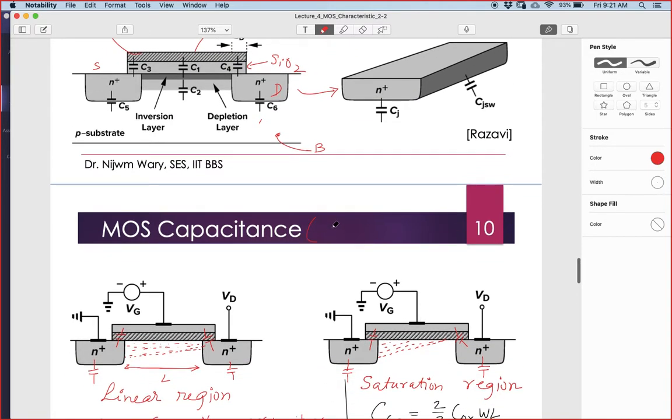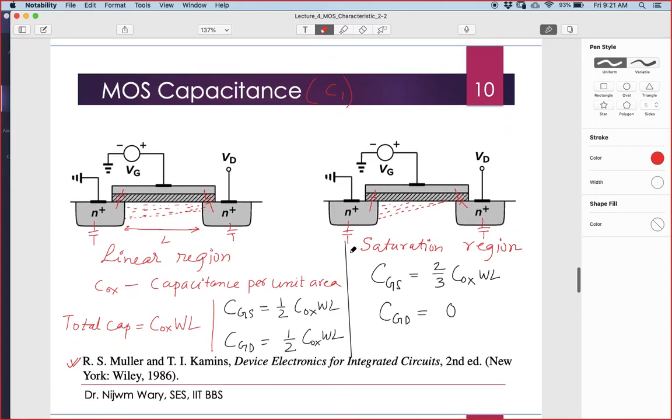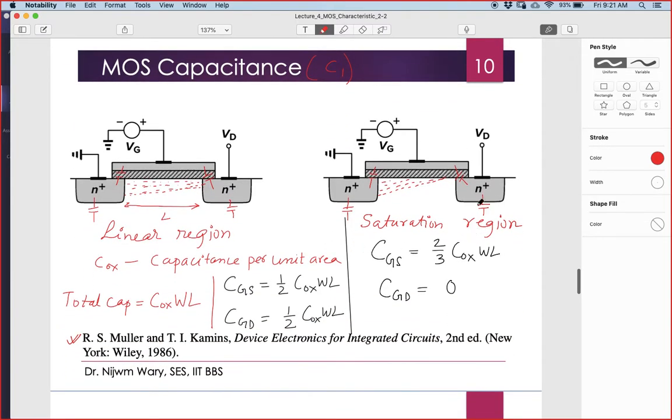In this slide we are focusing on C1, how C1 varies with the operating point. That reverse bias capacitance will definitely come. How do we take care of it and how do we calculate it? That will come later on in the next slide.